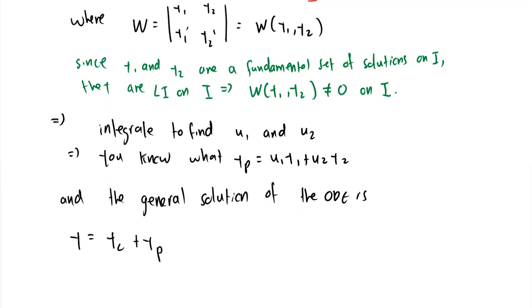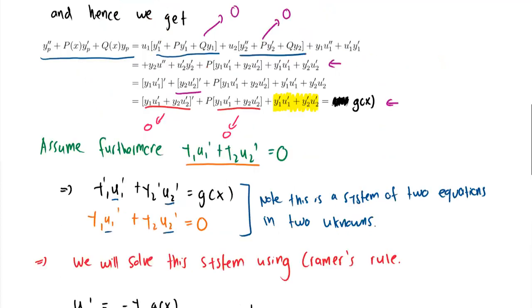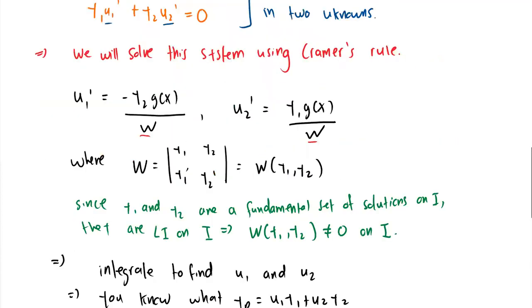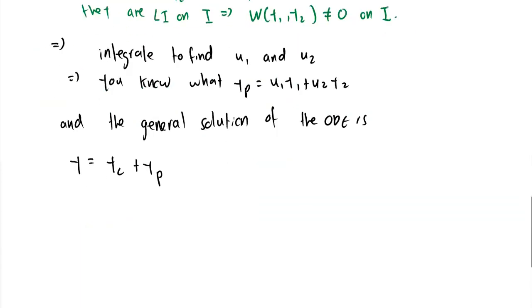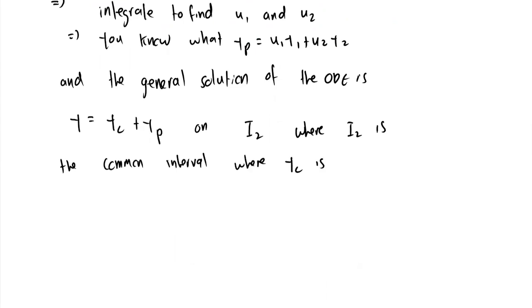Remember, I was the interval. So we need some things here. Actually, let me give it another name: I2, where I2 is the common interval, because there's a couple of things we have to look for. It's a common interval where yc is the complementary solution.